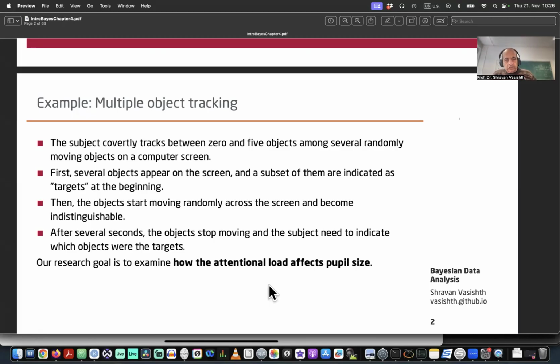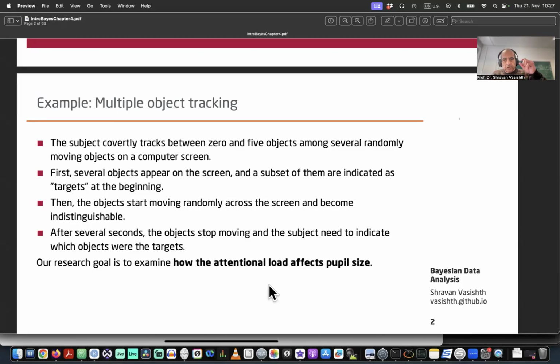Here, in this experiment, the number of dots can be decreased or increased. And if you increase the number of dots, then the attentional load will increase. The dependent variable in this experiment is pupil size. Pupil size is measured with an eye tracker, which can measure the diameter of the pupil.